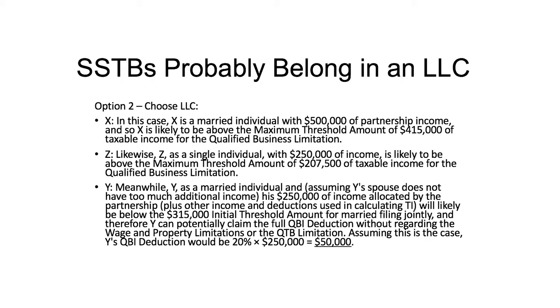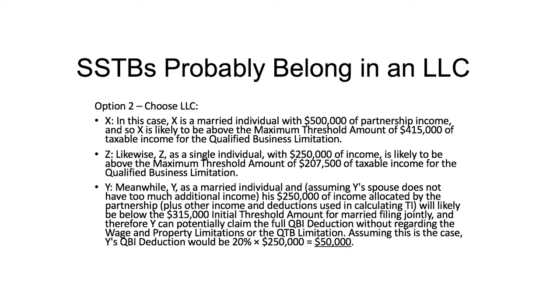And this potentially could get into a negotiation as well. If this was a qualified trade or business, Y would want to be an LLC, but X and Z would want to be an S corporation, because their amounts would be above the threshold plus amounts, and they would want deemed compensation from an S corporation so they could get the benefit of the wages for their allocable share, so they can maximize the amount, or at least get some deduction.